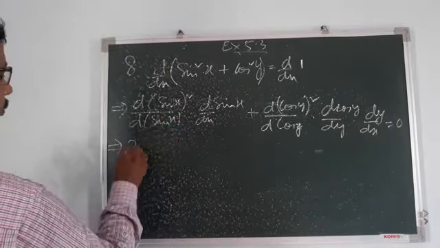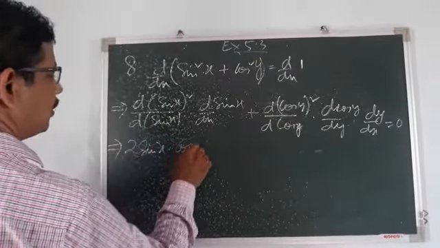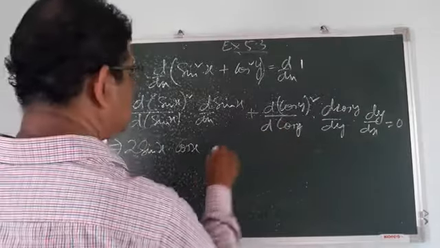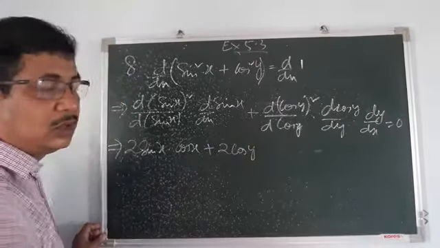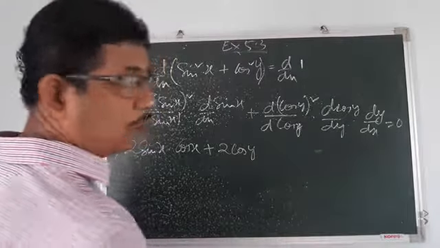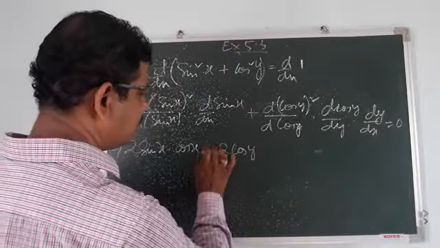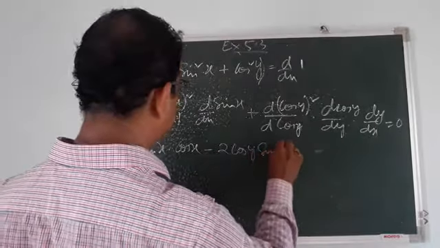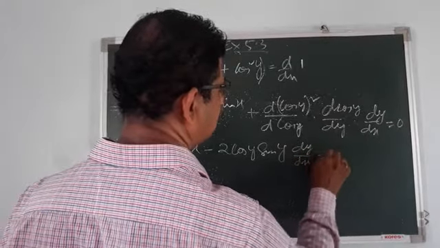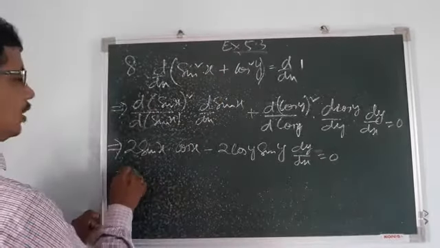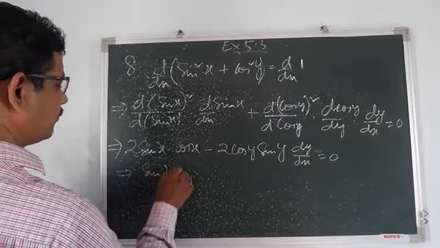Now we get what? This with respect to this is 2 sin x. Differentiation of sin x is cos x. This one we get, as we know, 2 cos y formula. Differentiation of cos y is minus sin y, so we will write here minus sin y, and dy/dx is equal to 0. Now this one is sin 2x.